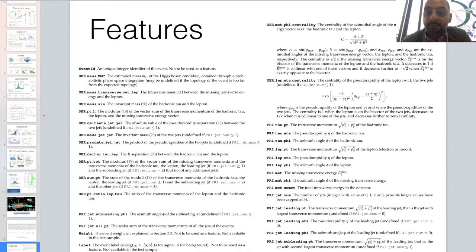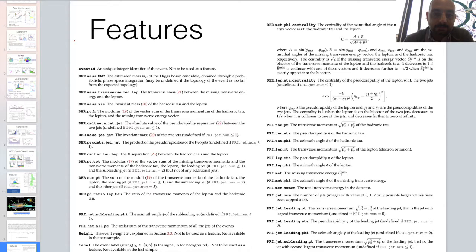Beyond that, there are a variety of feature variables that are physics motivated. Event ID you can ignore. It's just a way of identifying unique events. Here, for example, is the mass of the Higgs, which you can compute given all these variables. This is the transverse mass, a different quantity that allows you to suppress W's, for example.